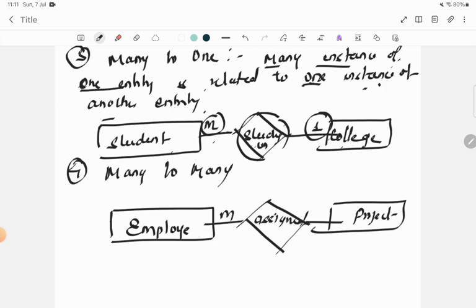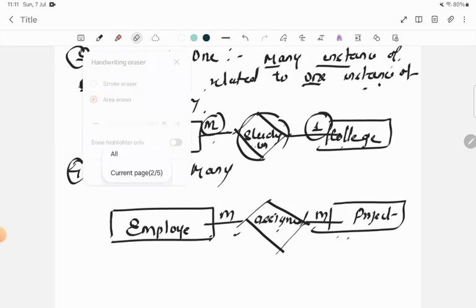Many employees can be assigned to many projects. It means that a project can be assigned to many employees, and many employees can be assigned to many projects. Fine. So these are the four cardinalities of the relationship.